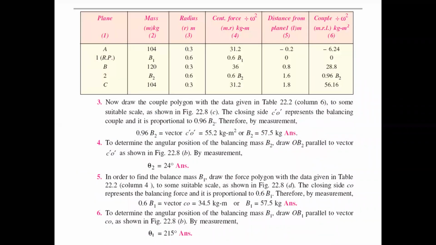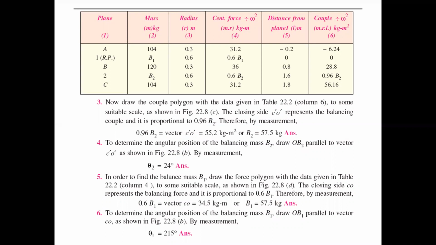The tabular column consists of 6 columns: planes, masses, radius, centrifugal forces, distance from the reference plane, and couple values.